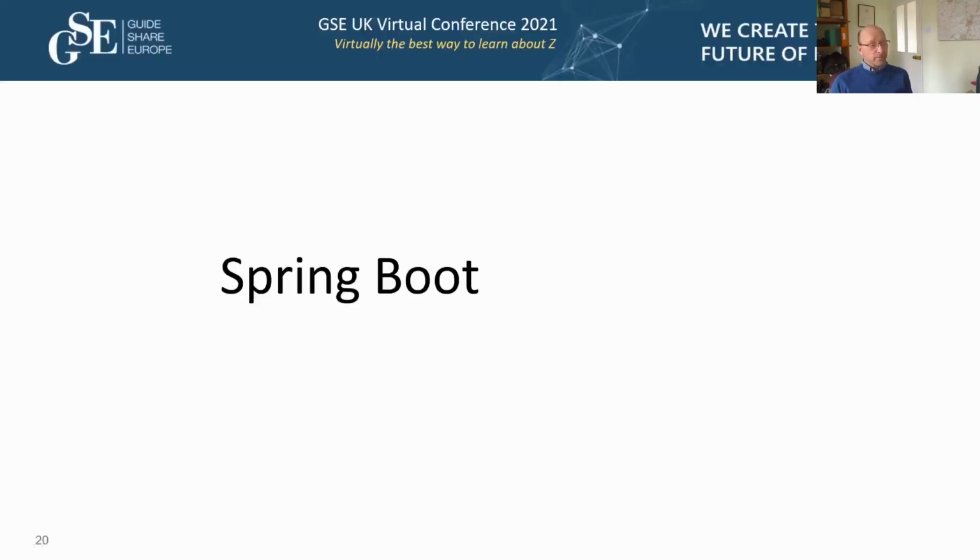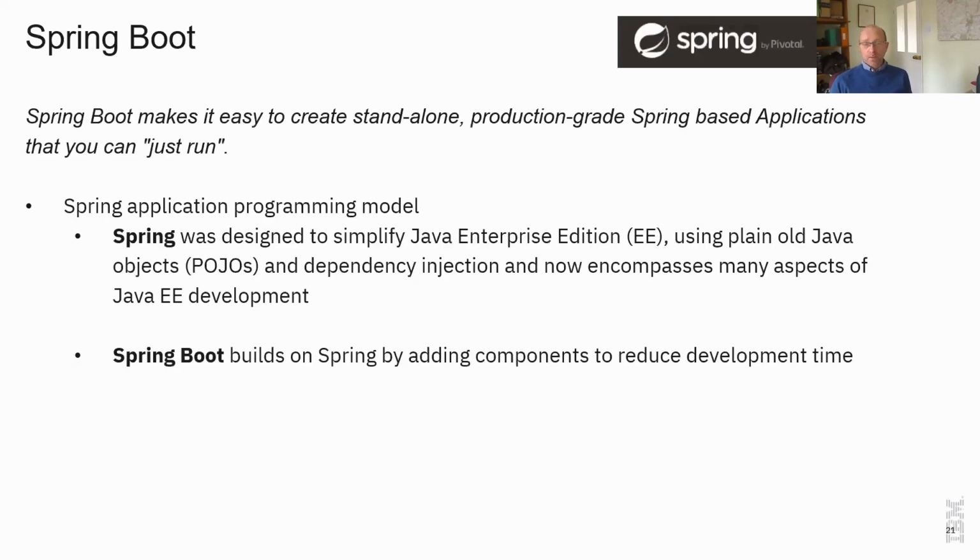Now, we promised to talk about Spring Boot, didn't we? So Spring Boot, what's that? Spring Boot is an open source project run by Pivotal, and its aim is to make it easy to create standalone production-grade Spring-based applications that you can just run. So that's the tagline, just run.